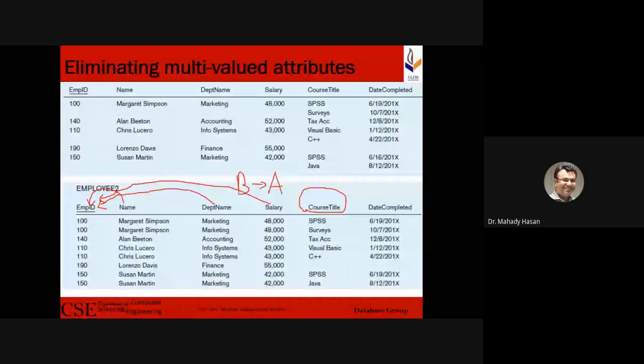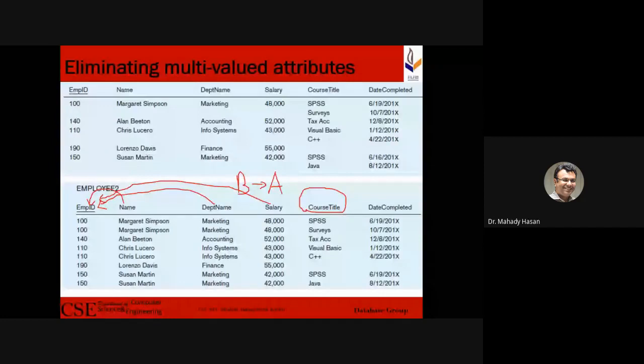We don't say independent, we say determinant and dependent. A is dependent and B is the determinant. This is how we show the relationship. B determines A, or A is dependent on B.